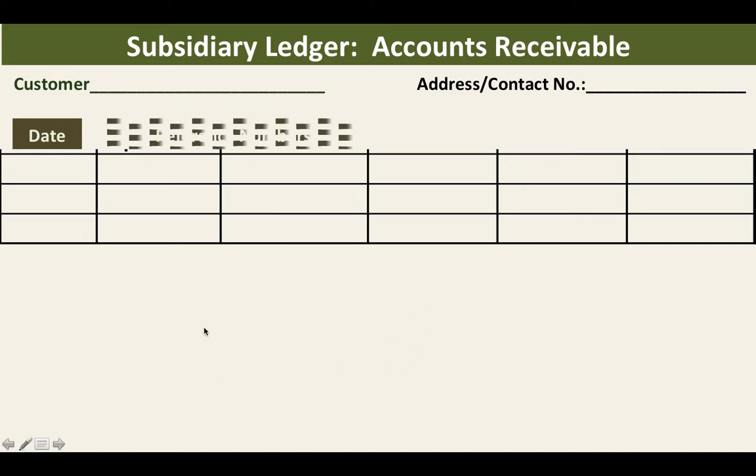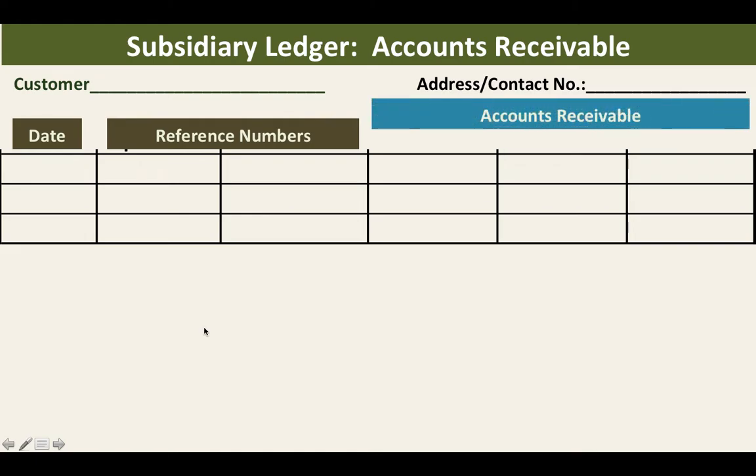So you have the date, the reference numbers, and then now you are monitoring here the accounts receivable. So the accounts receivable is the debit, which are the sales on account to your customer, and the credit, which is the payment made by the customer, and the balance. Okay?